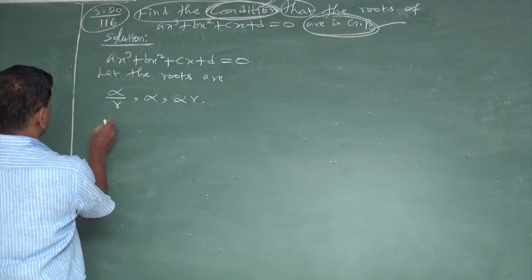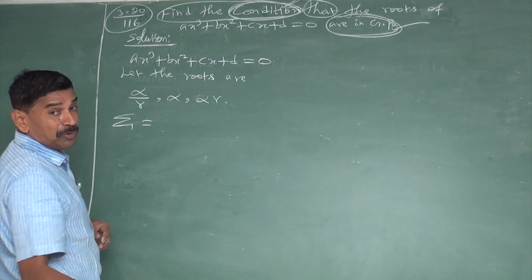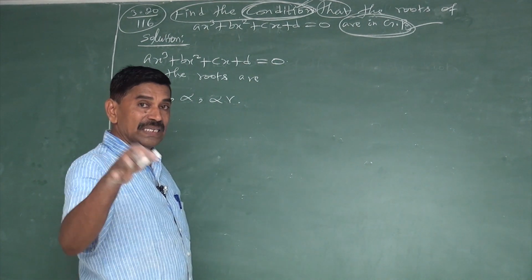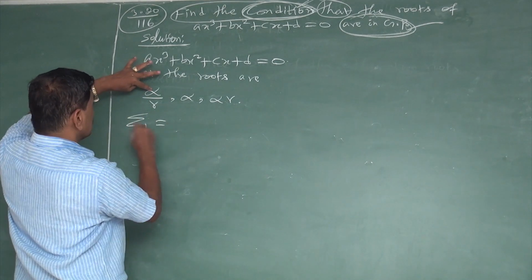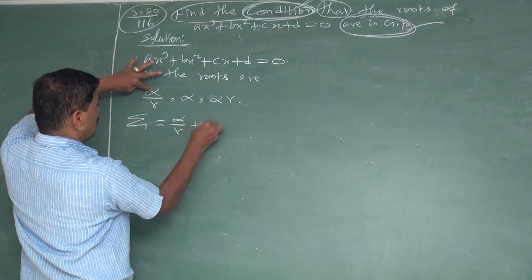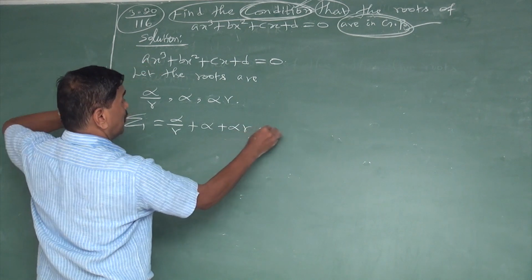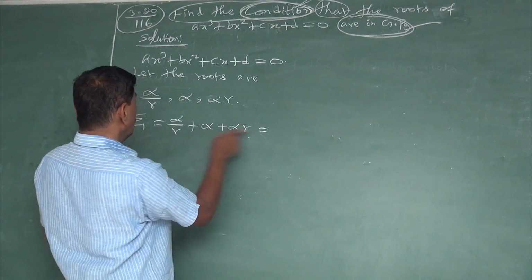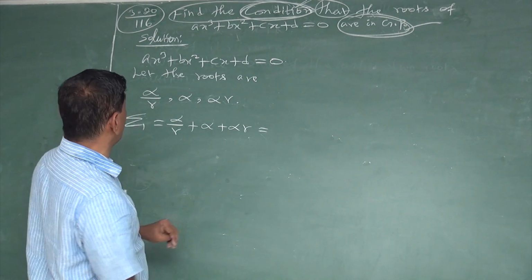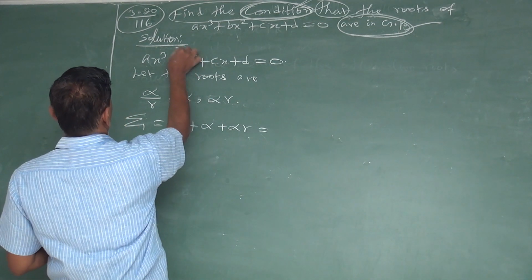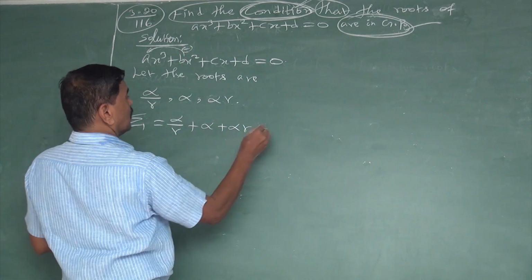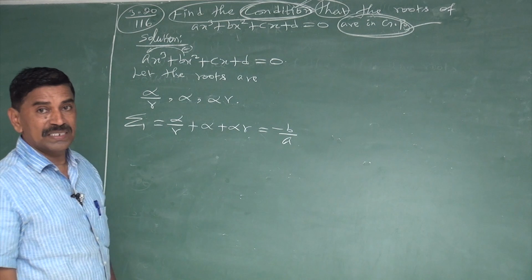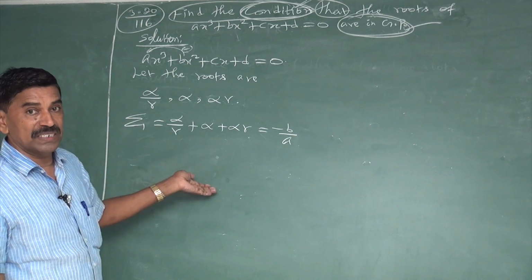Can you tell me what sigma 1 is equal to? Very good: alpha by r plus alpha plus alpha r, because I take one at a time. Sigma 1 is the sum of the roots taken one at a time, which is equal to minus b by a. Any further simplification?